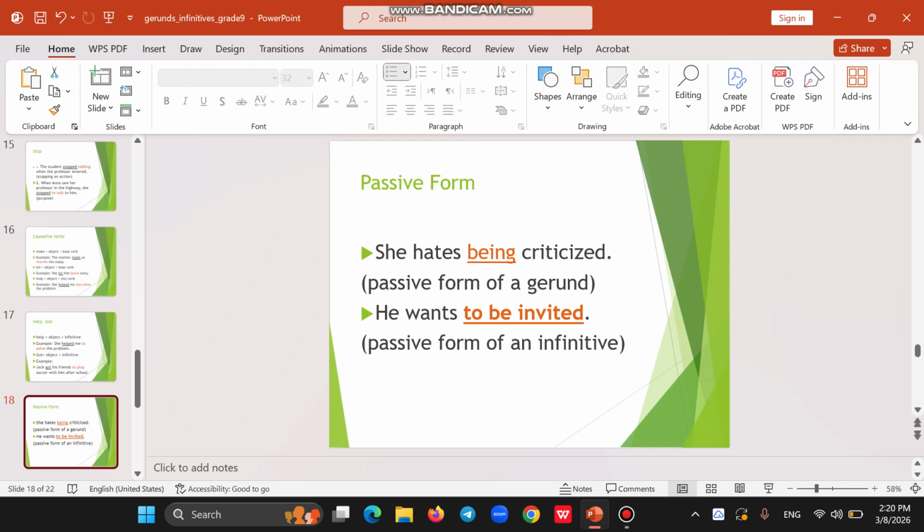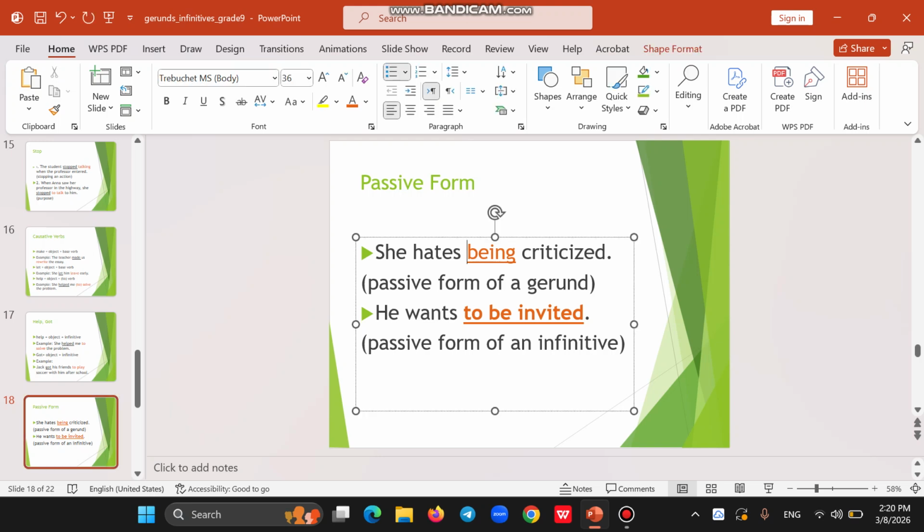Now we move to the passive form of gerunds and infinitives. You know the meaning of passive sentence or passive form. We have taken it before. So, number 1, she hates being criticized. She hates being criticized by the teacher, by others. This is a passive sentence. Here, being is the passive form of a gerund.